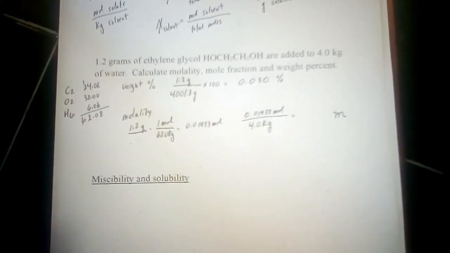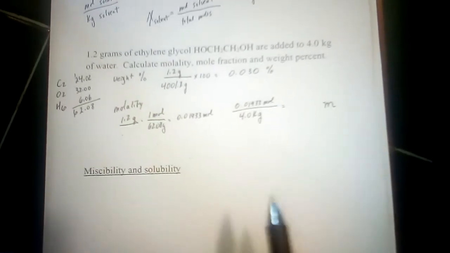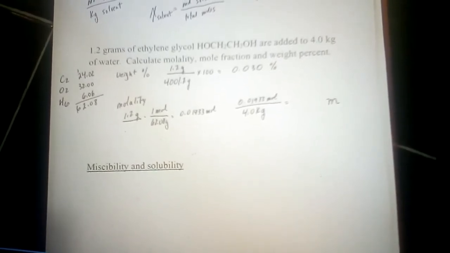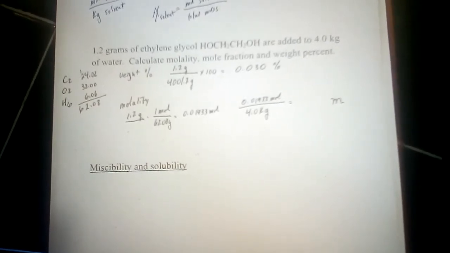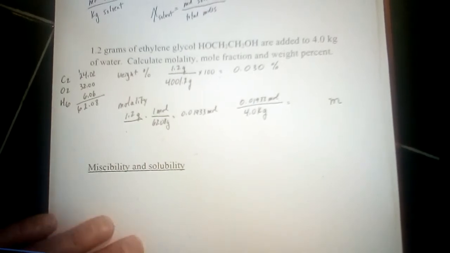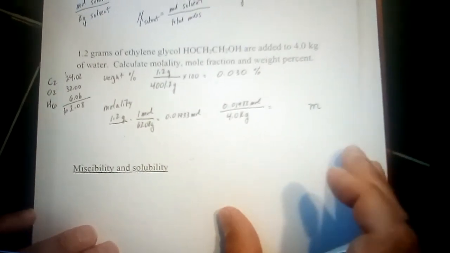It's kind of hard to write an italicized letter, but when you see it in the textbook, you'll see the italics. That kind of helps you distinguish molality from something like meters, which is a regular unitalicized m. So I just divide the 0.01933 in memory by 4, and that's 4.83 times 10 to the minus 3rd.